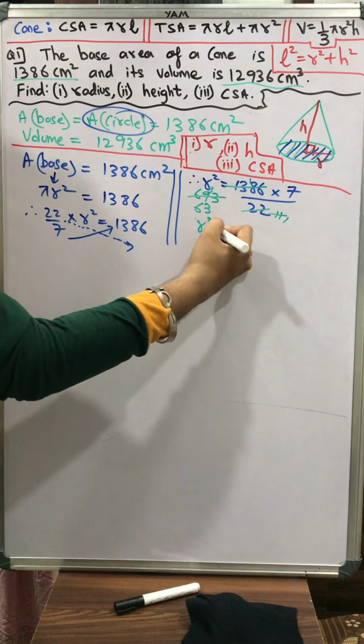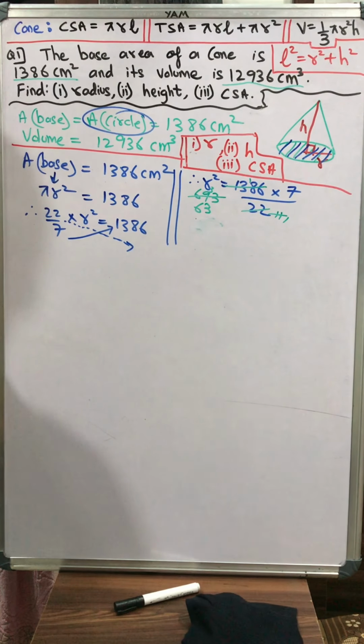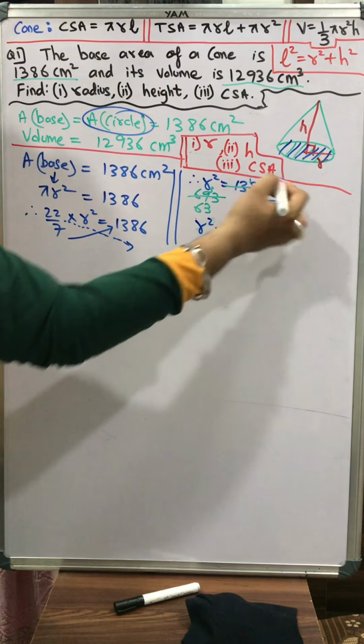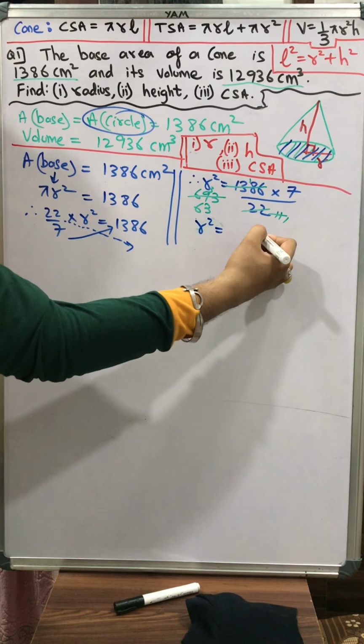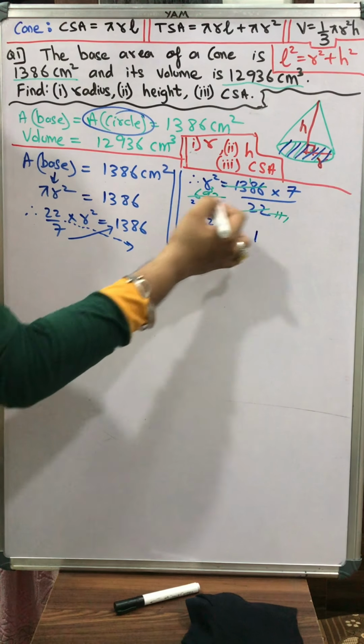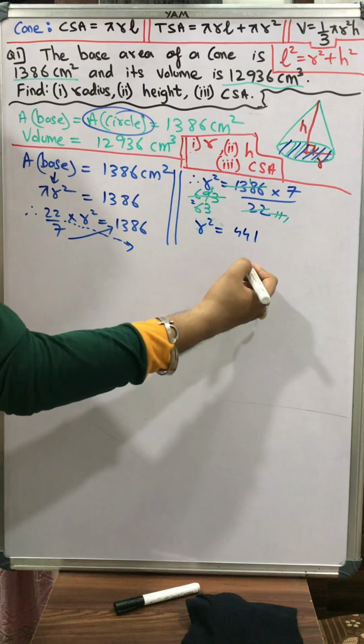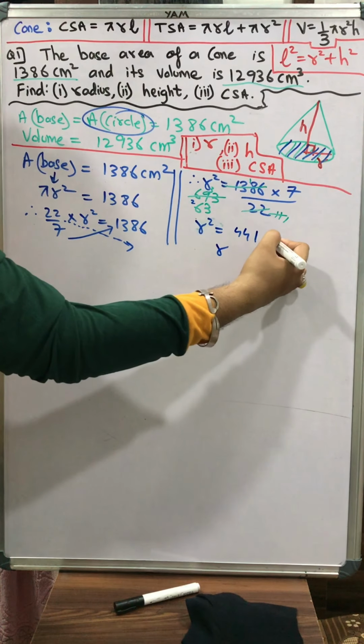So r square becomes what? r square is equal to 63 multiplied by 7. 7 threes are 21, carry over 2, 7 sixes are 42 plus 2, 44. r square is 441.